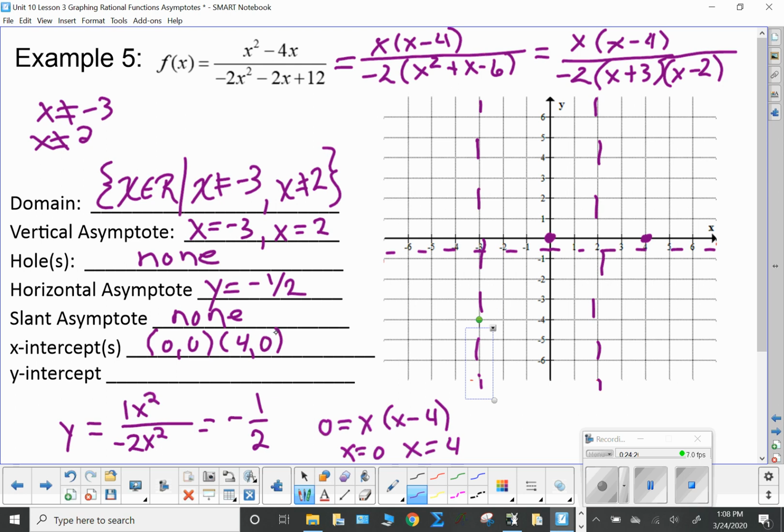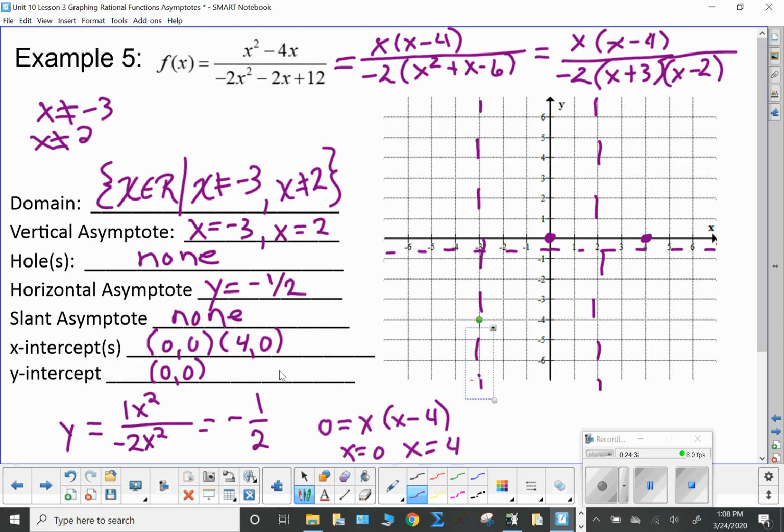My y-intercept, that's when I plug 0 in. So now I plug 0 in. 0 minus 4 times 0 is 0, all over 12 is 0. So it's just 0, 0.